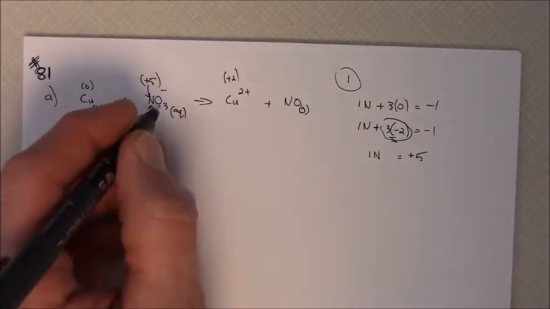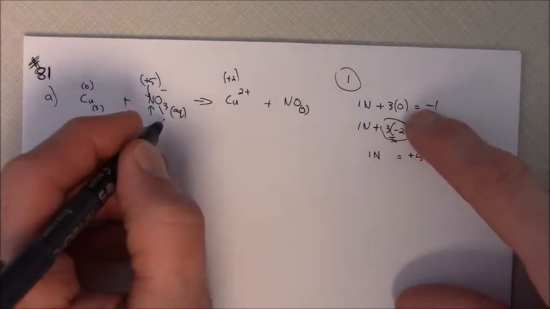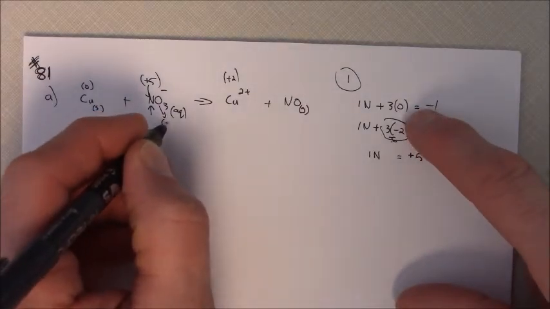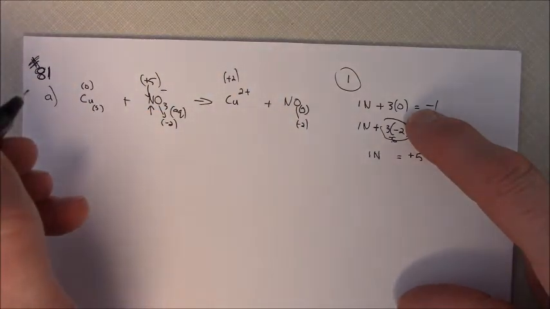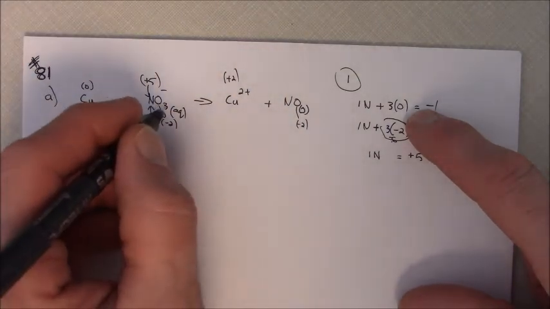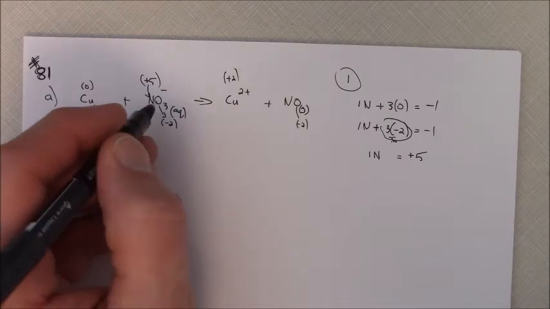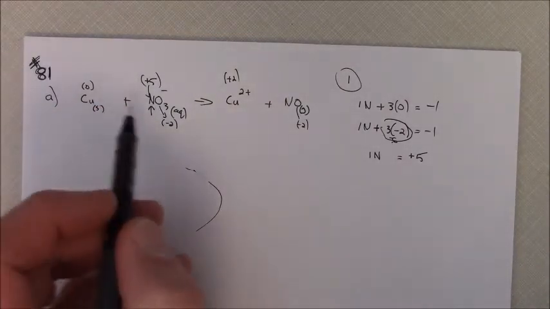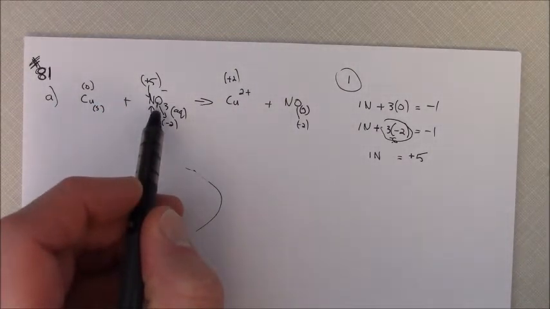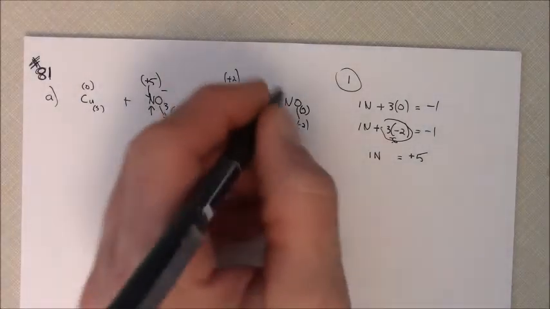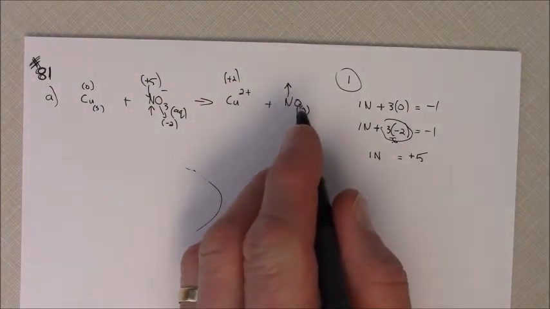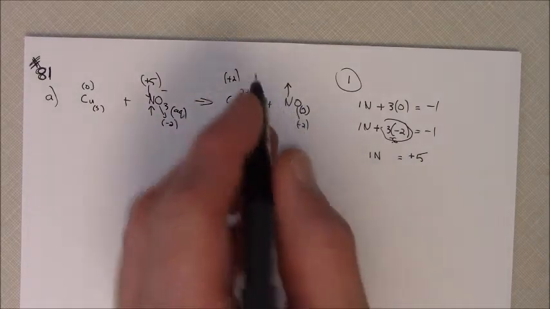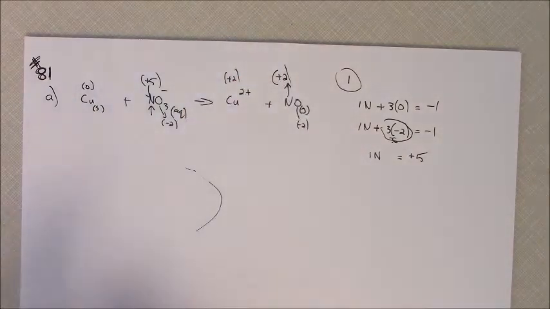We can use the other rules, memorized, that oxygen, unless it's a weird compound, is -2. So these oxygens, and see how there's 3 of them? You don't add this up. You say, what does any one of these oxygens have as an oxidation number? It's -2. So this nitrogen over here, we could use the same rule. If that's a -2, then this has to be a +2.